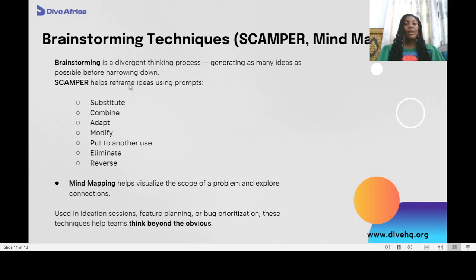Let's look at the SCAMPER model, the SCAMPER framework. SCAMPER helps reframe ideas. I'm going to explain all of these points in the SCAMPER model. S stands for substitute.